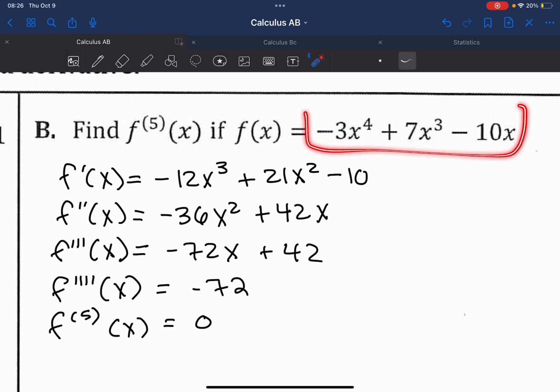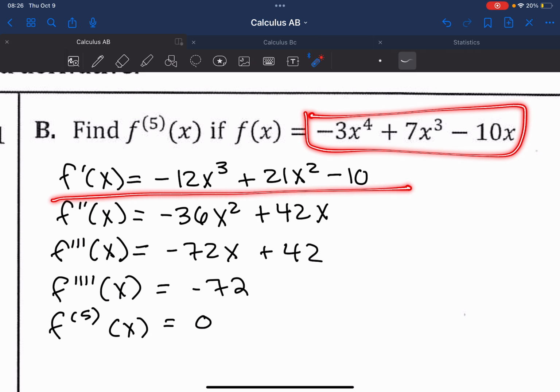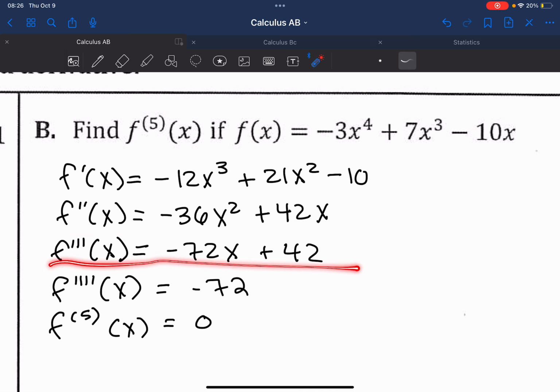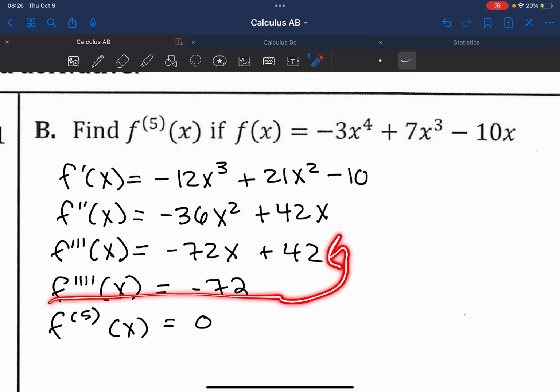So here's f. So I would first find the derivative of f. So here's that derivative. Then from that first derivative, I can find the second derivative by just taking the derivative above. Then I can find the third derivative by taking the derivative above. I can find the fourth derivative by taking the derivative above.